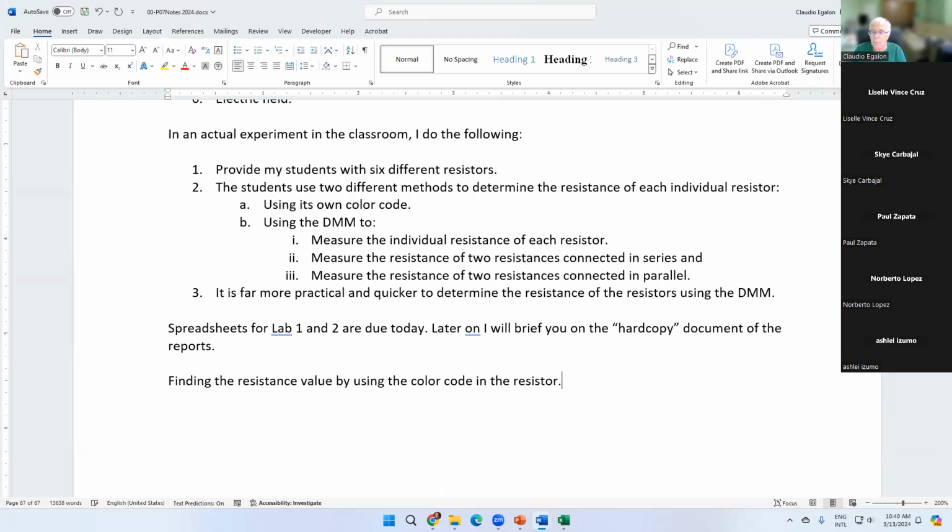Most resistors have 4 colored bands. A few out there have 5 colored bands.